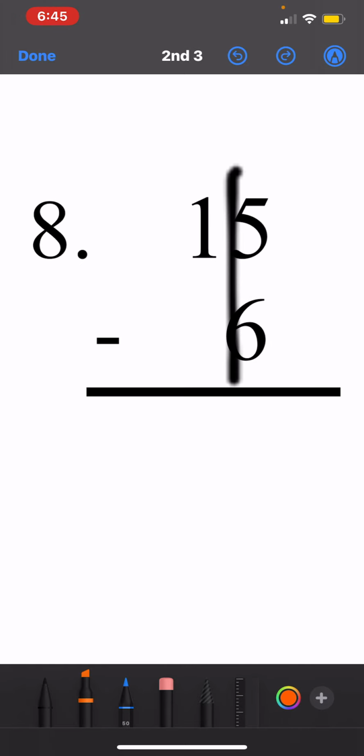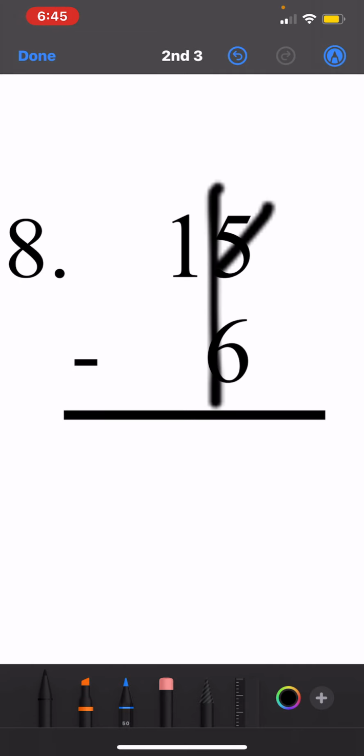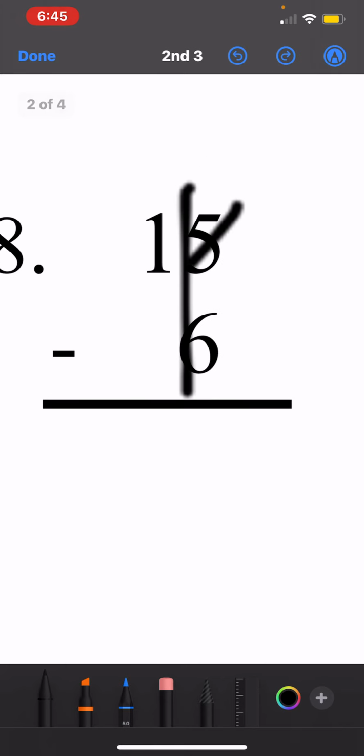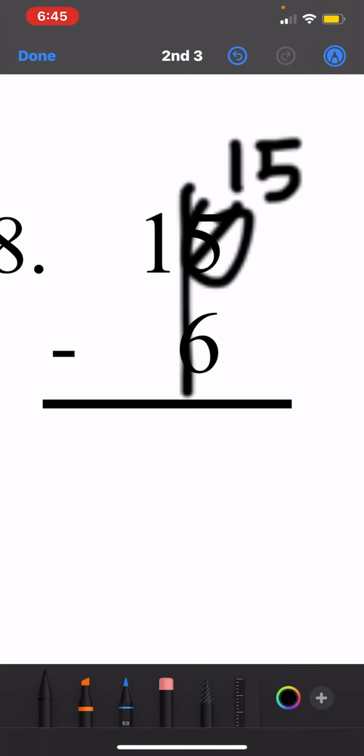Whenever there's a lesser number on top of a greater number, you're going to cross out the top number first, and you're going to add 10 to it. So 10 plus 5 equals 15. Okay, so that's going to be 15. You're always going to add 10 to the first number, okay?